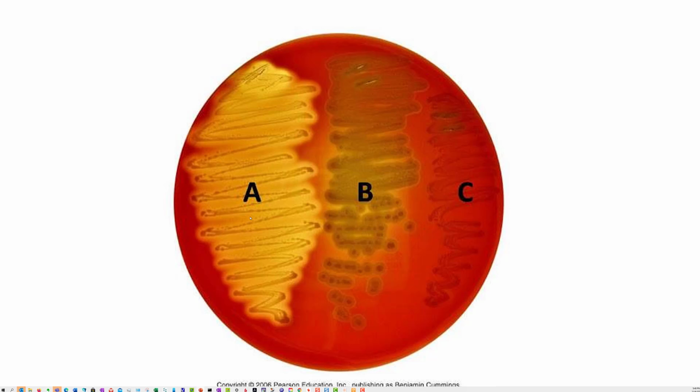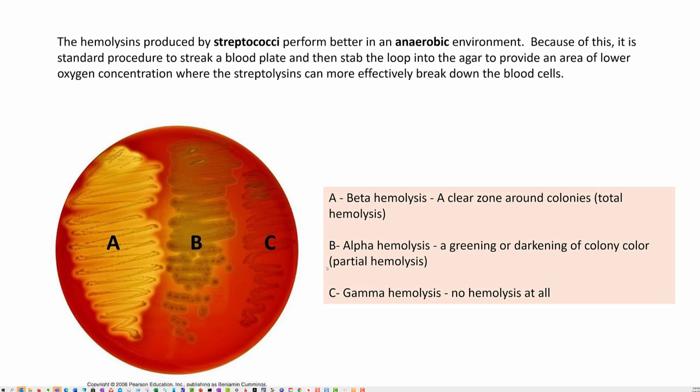This is beta, bad. B is what? Alpha, right? Because it's somewhat green. And then C, there's nothing going on, so it's what? Gamma. So just to review, here's the breakdown of that.